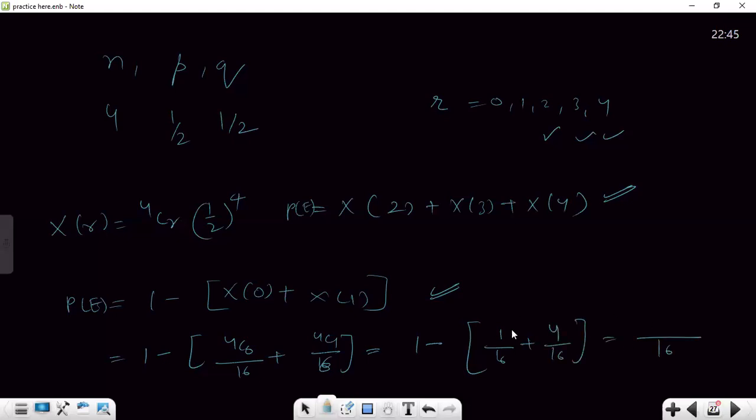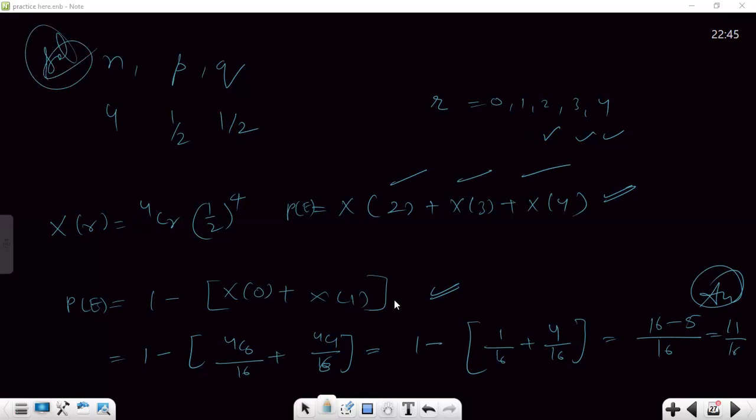Taking 16 as LCM, 16 minus 1 plus 4, which is 5. 16 minus 5 is 11 by 16. This is way easier than finding it the other way. Clear? Yes, sir.